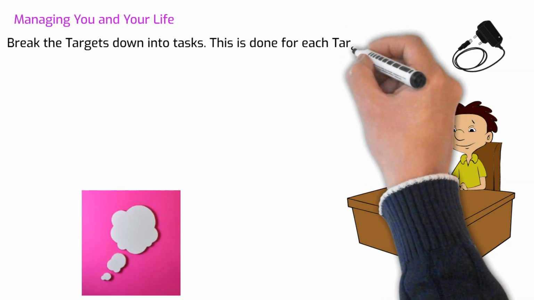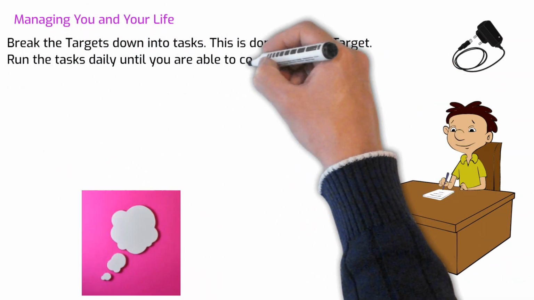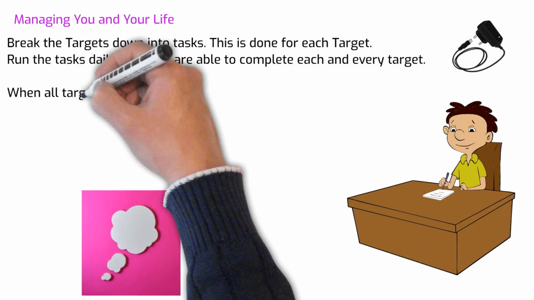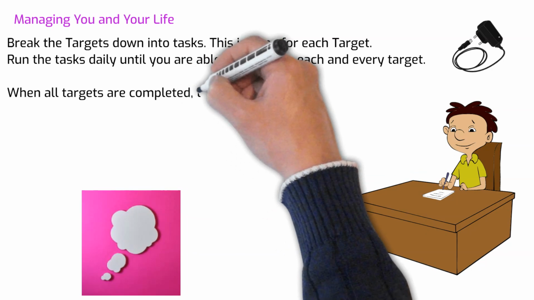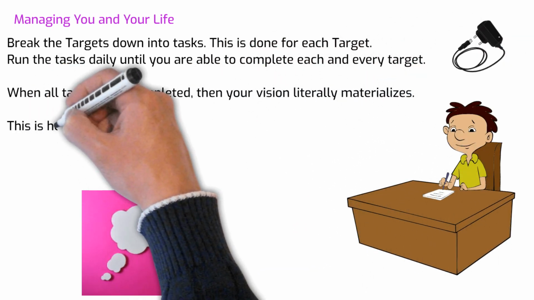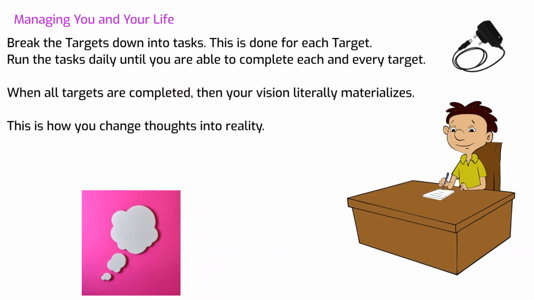This is done for each target. Run the tasks daily until you are able to complete each and every target. When all targets are completed, then your vision literally materializes. This is how you change thoughts into reality.